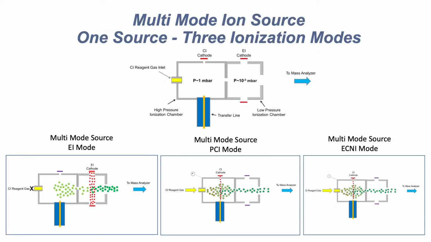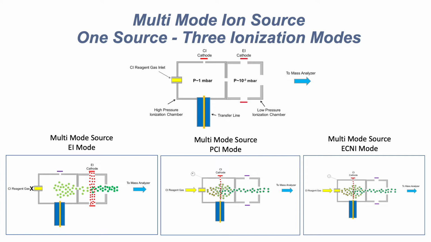For the majority of samples, we used this multi-mode ion source, and it is quite an interesting innovation because it contains two chambers. One with low pressure is used for electron ionization, and another closed one is used for chemical ionization.